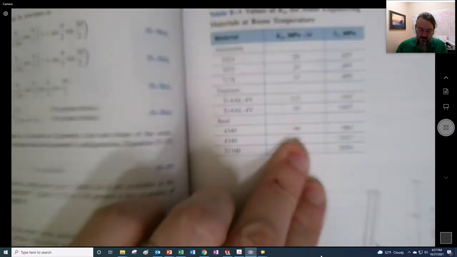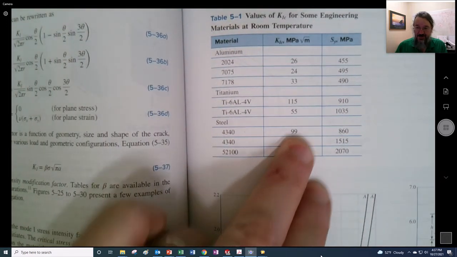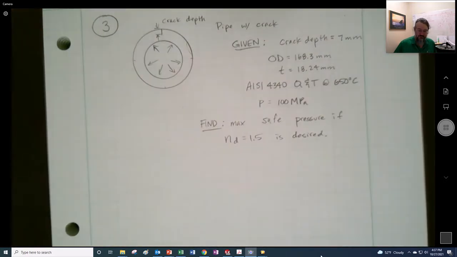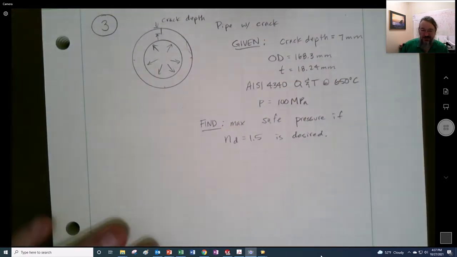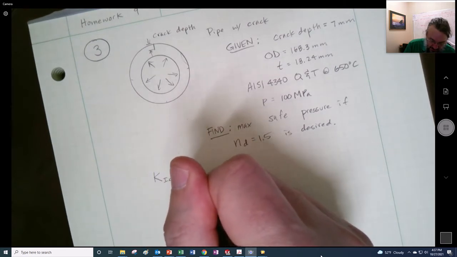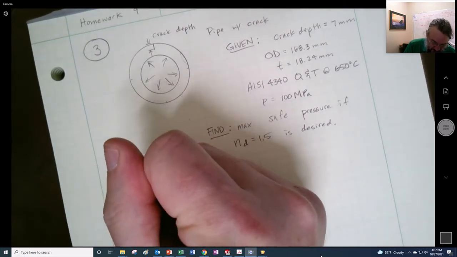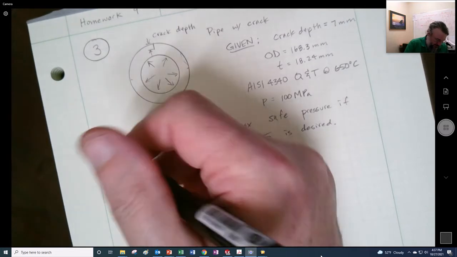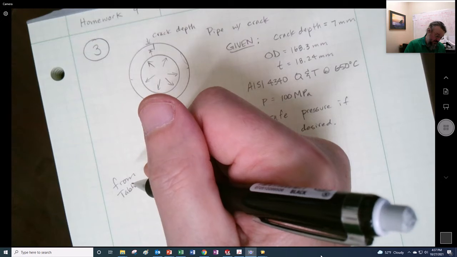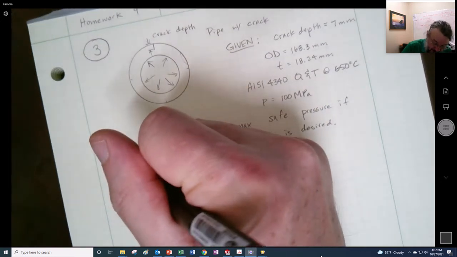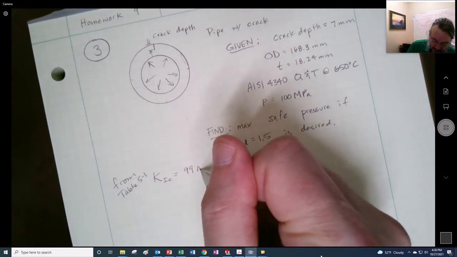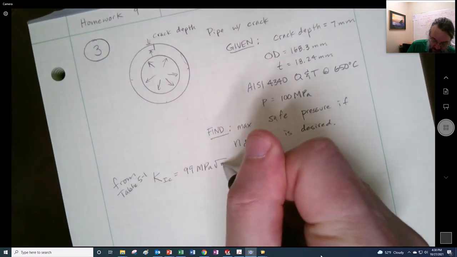So we're going to go with this one, 99 megapascal square root meters. So our critical stress intensity factor is from table 5.1, the first table at the end of the chapter: 99 megapascal square root meters.